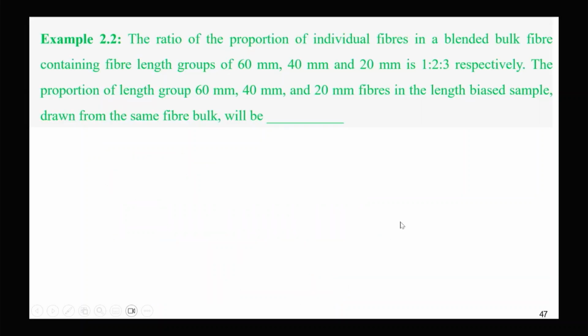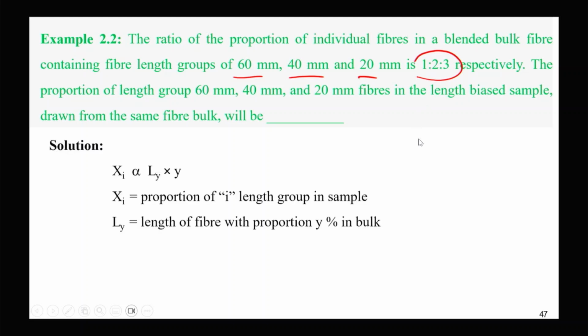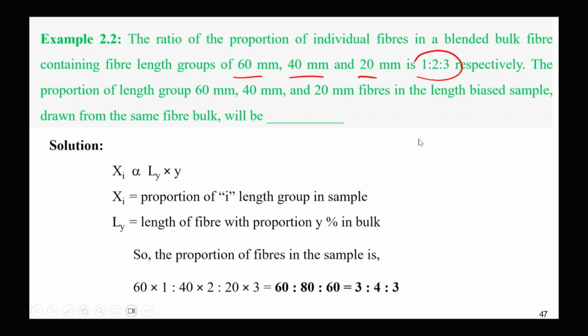Another similar example: 60:40:20 and 1:2:3, and what will be the proportion in the bulk? In the same way we will get the proportion 3:4:3.